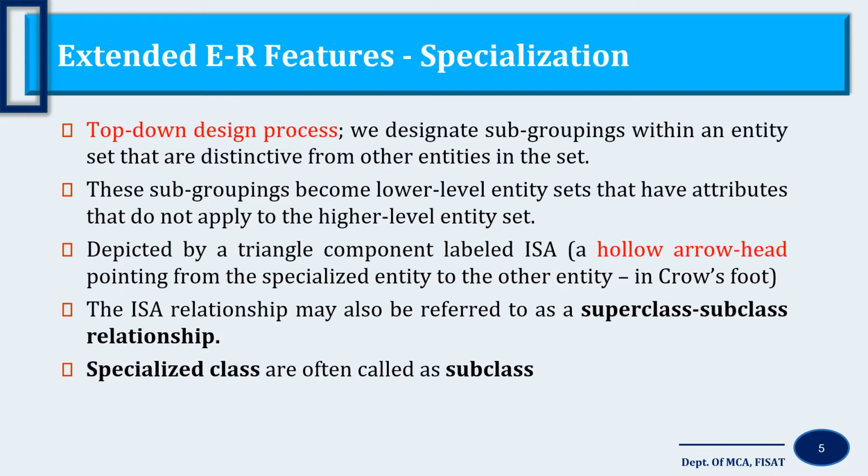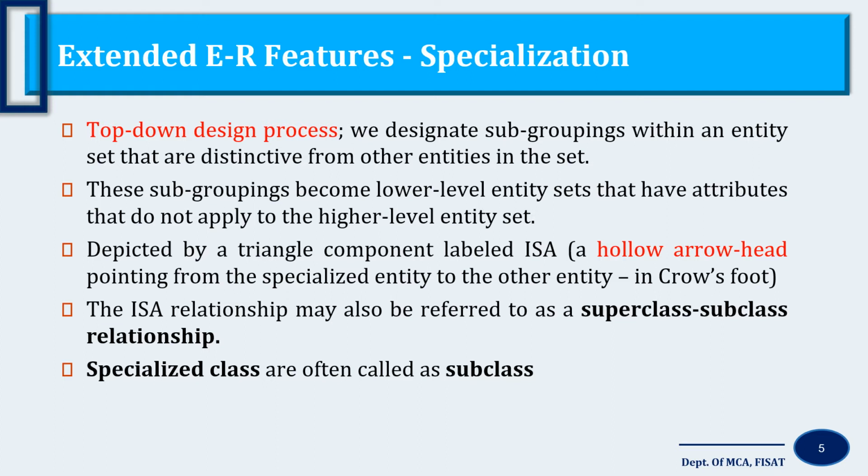So specialization is a top-down design process where we find the subgroupings within an entity set that have their own distinctive properties. These subclasses become the lower-level entity sets, and the attributes of the subgroupings cannot be applied to the higher-level entity set.